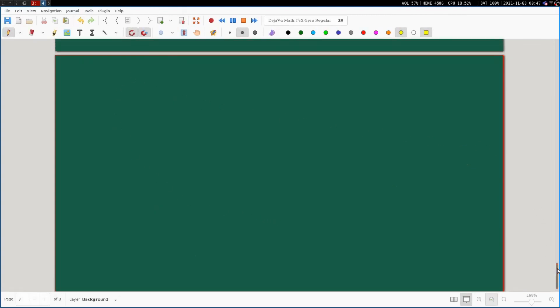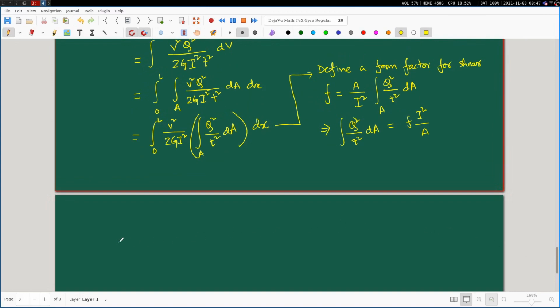our delta u, I'm picking up from here, becomes integral 0 to L of V square by twice G I square, and then we have F I square by A times dx.